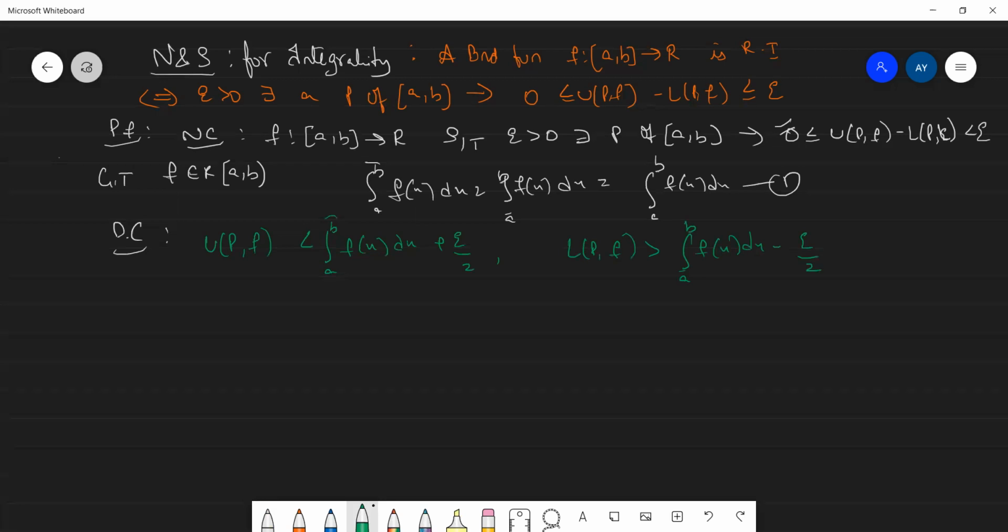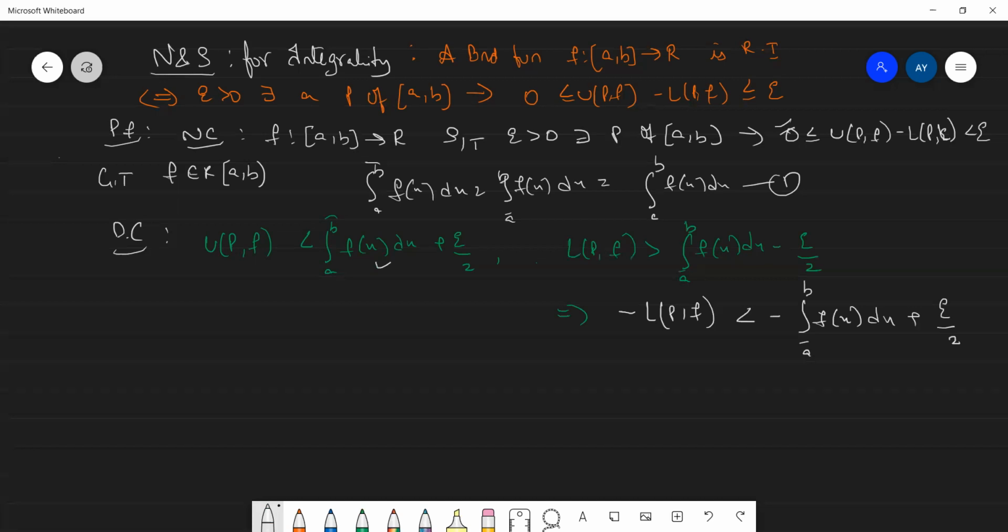So from L(P, f), you can write minus L(P, f) is less than minus the lower integral a to b of f of x dx; as we are multiplying with minus, this becomes plus epsilon by 2.